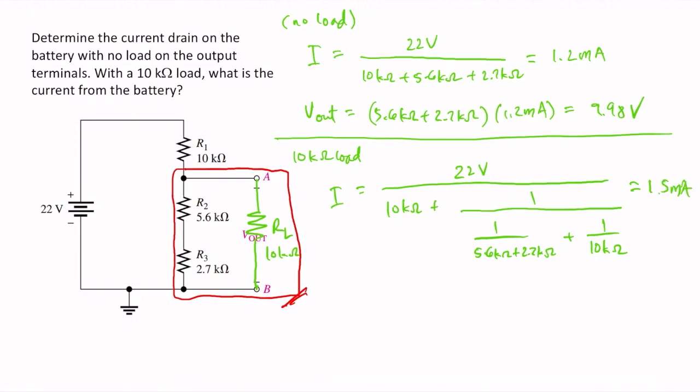Okay, immediately we see that by adding the load resistance, the current increases compared to when there is no load resistance.